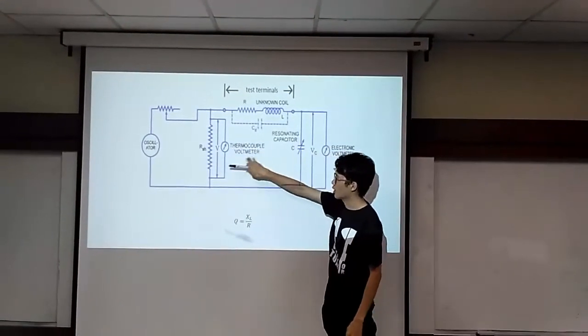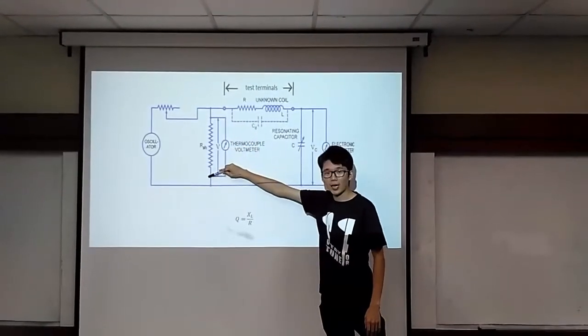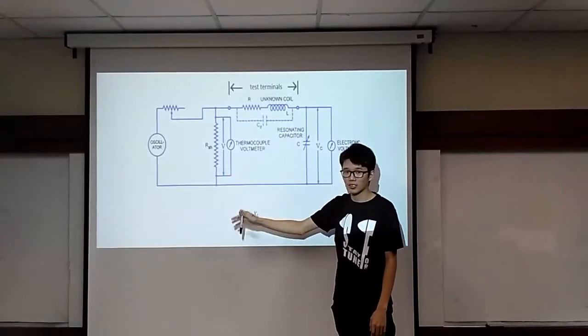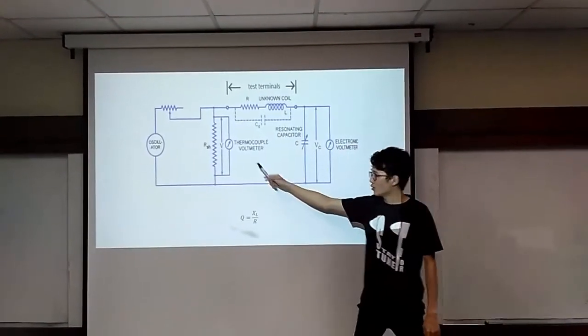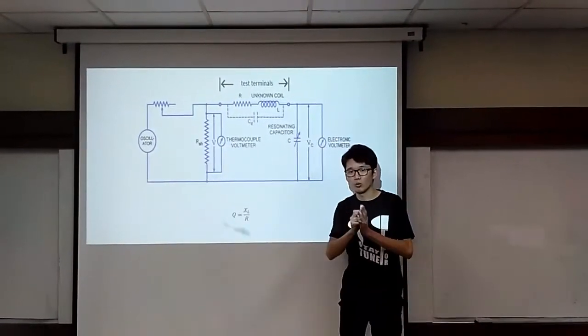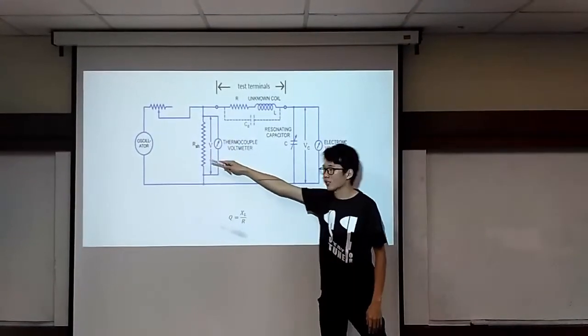And here is a thermocouple voltmeter that will measure the voltage across the R and also the voltage across the oscillator. Then this resistance is connected like this actually to minimize the internal resistance in this circuit.